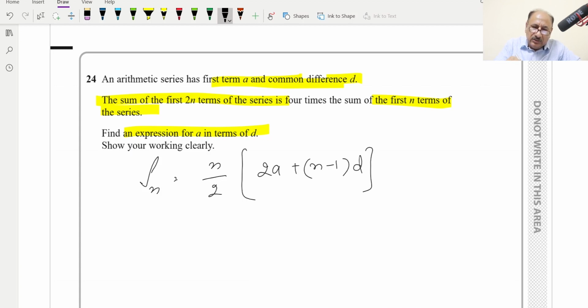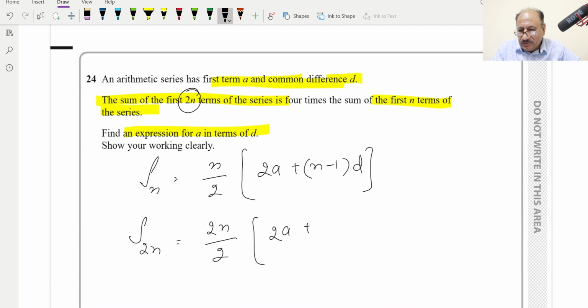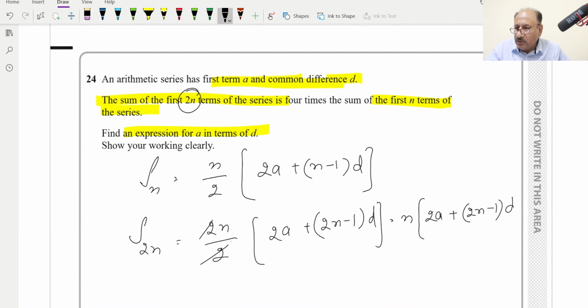For the sum of the first two n terms, S2n will be equal to 2n over 2 into 2a plus 2n minus 1 into d, and we can simplify this. So this will be equal to n into 2a plus 2n minus 1 into d.